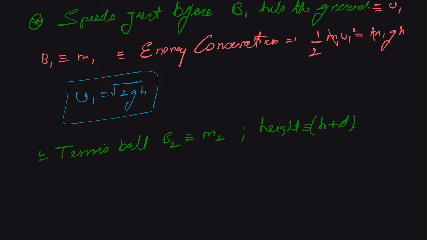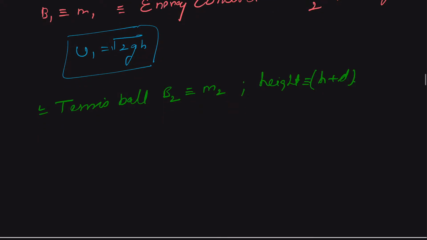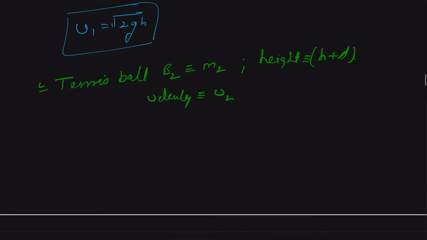So once again, let's assume that its velocity just before hitting the ground is v2. So you can see its velocity is v2.